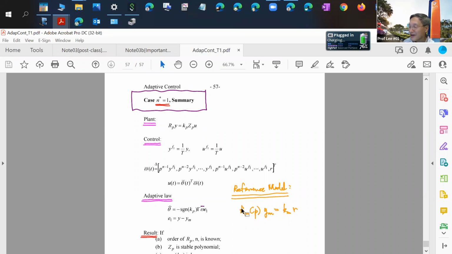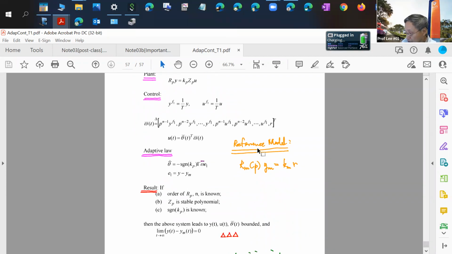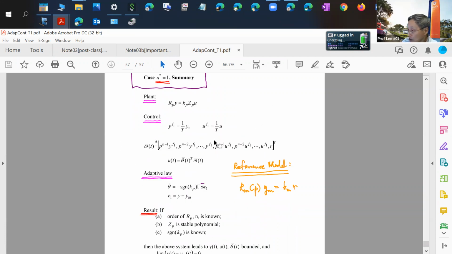It's not difficult to do, it's just messy, okay? So this is the way that you will do adaptive control for a relative degree equals to 1. All right, the control works for any relative degree, but because the adaptive law needs strict positive realness in this case, therefore this result is for relative degree equals to 1.